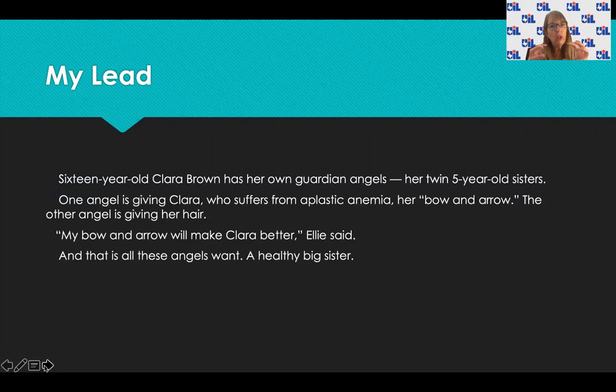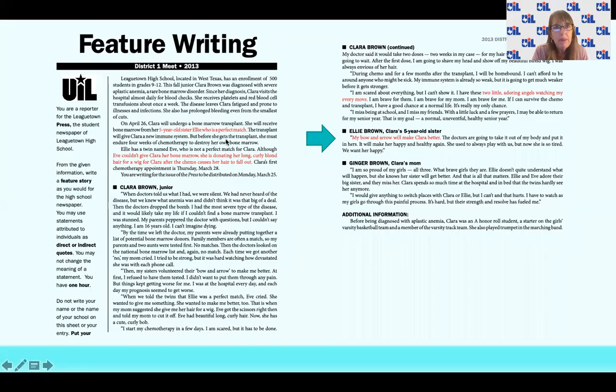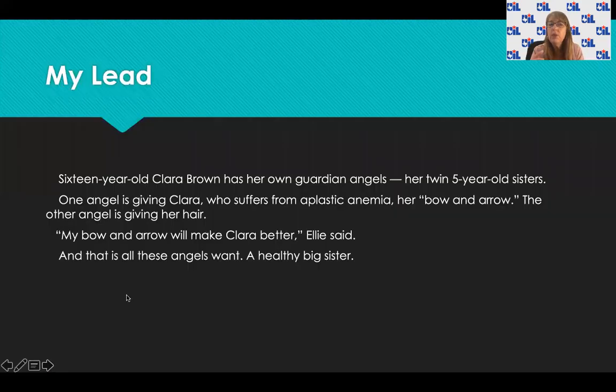That's a whole lot in one lead. But because I went through and highlighted what I wanted, we have pieces of all of these elements in my lead. I've got the angels, one donating hair, one donating the bow and arrow, the twins. We have the detail about Clara being 16 years old. All of that is really important.